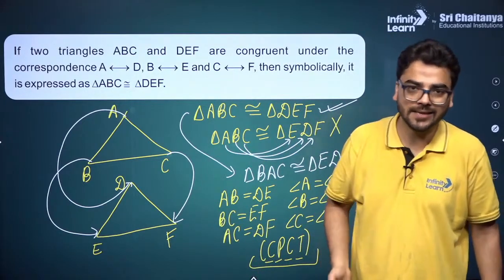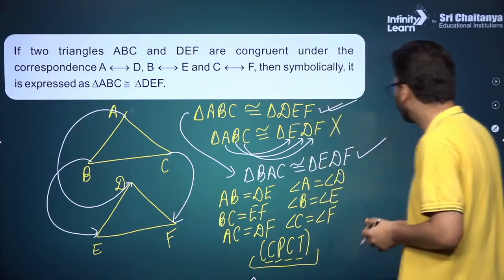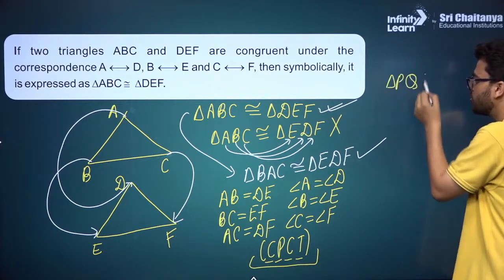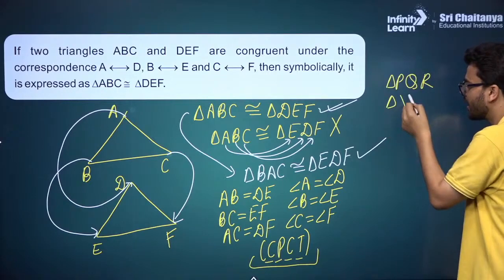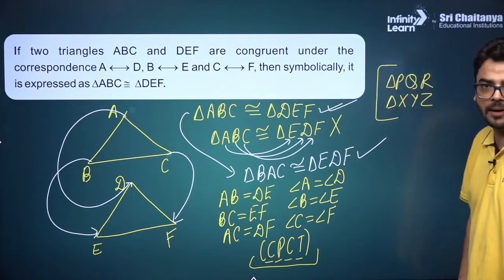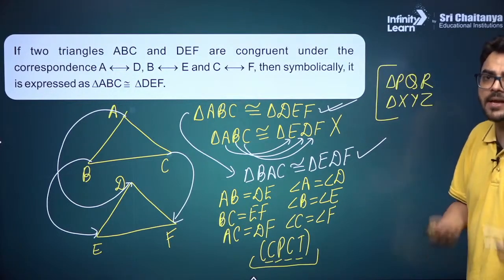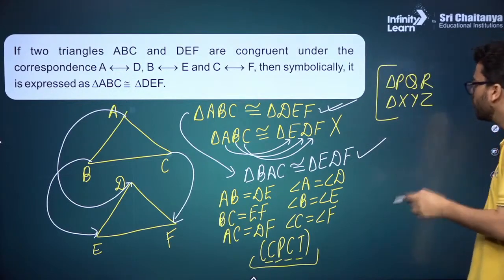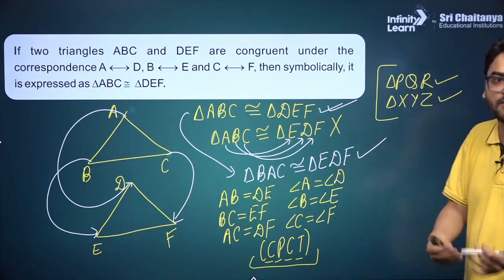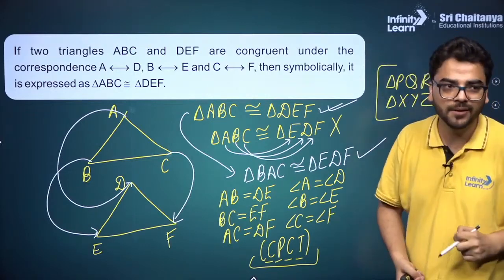What will you say in this case? Suppose I have got triangle PQR and triangle XYZ, and I want to prove these two triangles to be congruent. So is it compulsory on our part to prove all the 3 pairs of sides and the 3 pairs of angles to be equal every time? Tell me, guys.